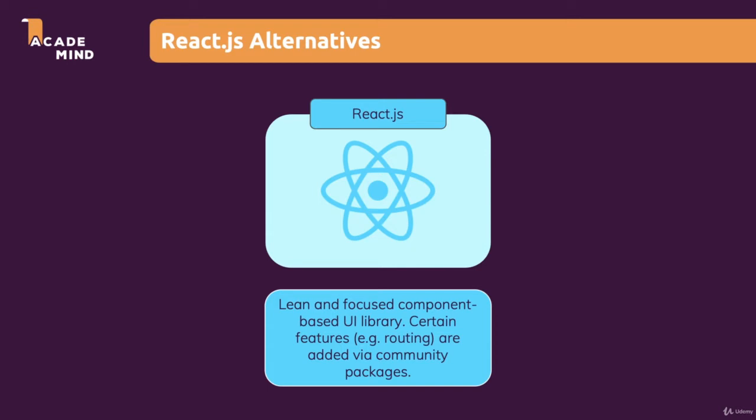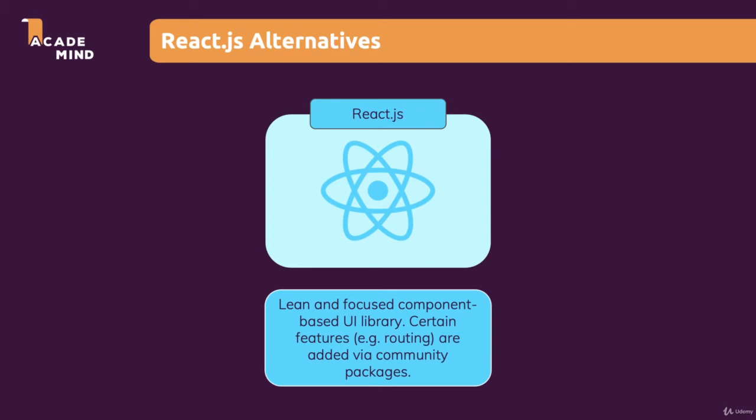If you need other features like routing, which we are of course going to learn about in detail in this course, then you need to install an extra third-party library. And that will sometimes be the case when working with React, that you need to install third-party libraries to add certain pieces of functionality to your application.